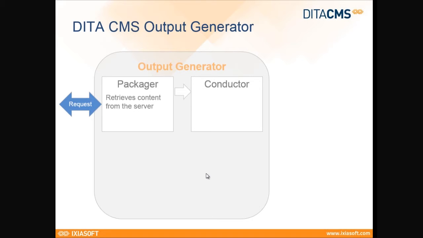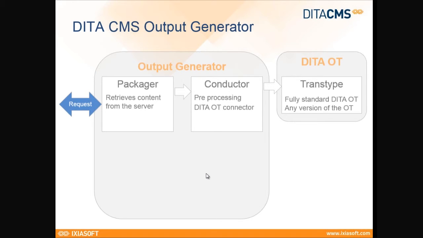And then we come to a second level where we pre-process that content. So we have this ability in this architecture to add our own preparation steps of the content before you get to the OT. Then we have a connector layer to the OT. Then we go to the OT in a separate box, and that's intentional.